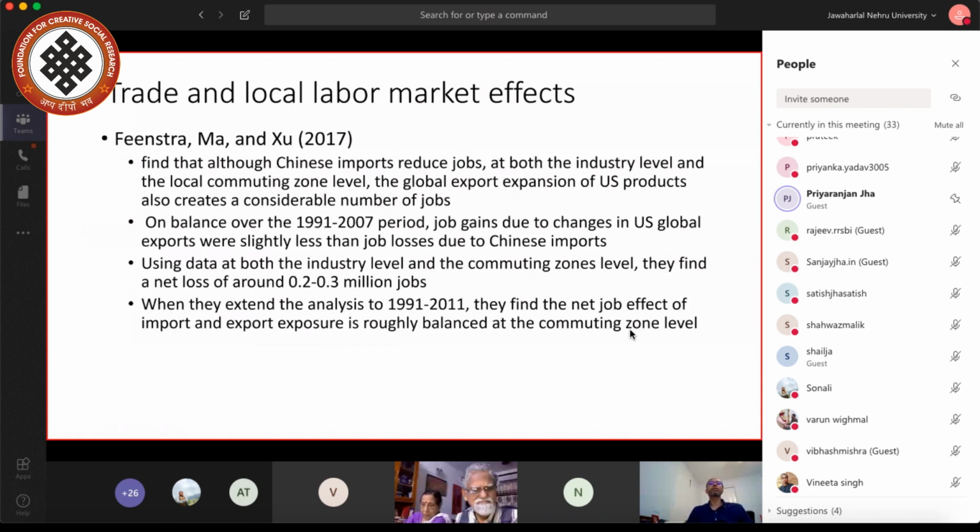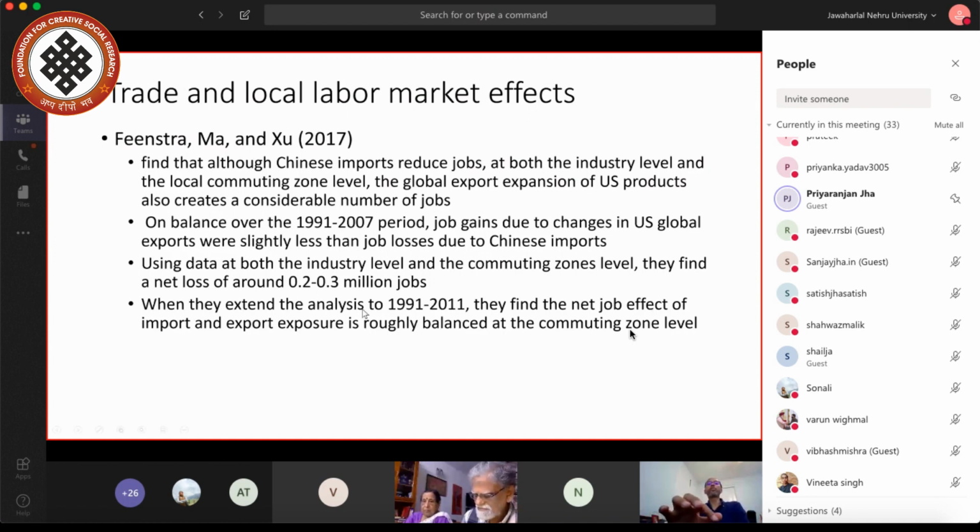So he and his co-authors find that although Chinese imports reduce jobs at both the industry level and the local commuting zone level, the global export expansion of US products also creates a considerable number of jobs. And on balance, over this 16-year period, job gains due to changes in US global exports were slightly less than job losses, but they do offset a large part of job losses due to Chinese imports.